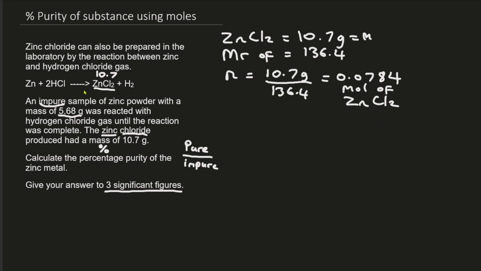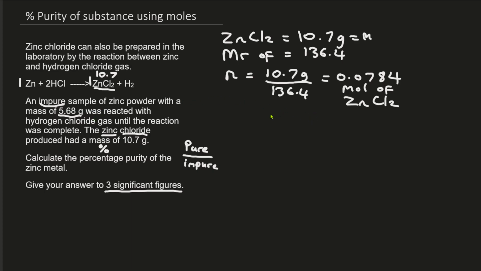Now, let's look over here. It says that we want to find the sample of zinc. Now, zinc over here, if you look at my mouse, has a molar stoichiometric ratio of 1. Zinc chloride also has a stoichiometric ratio of 1.